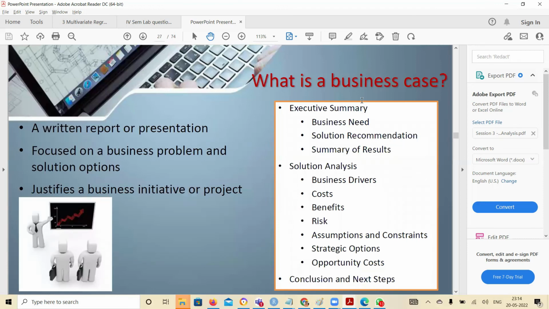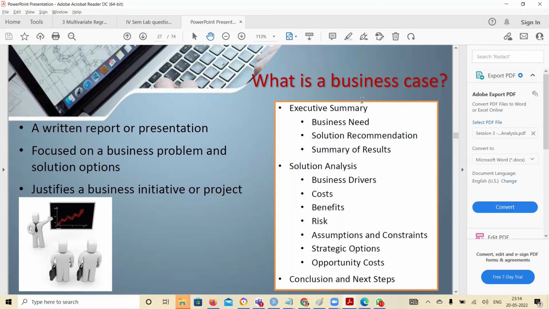Okay, so the business case will have this section, business drivers. This is the reason why you're doing the project. What are the factors that drive the business basically? Those are the factors that you're going to improve. Then cost, the total input cost. Then benefit.